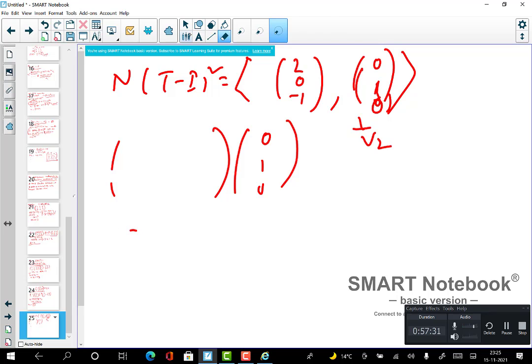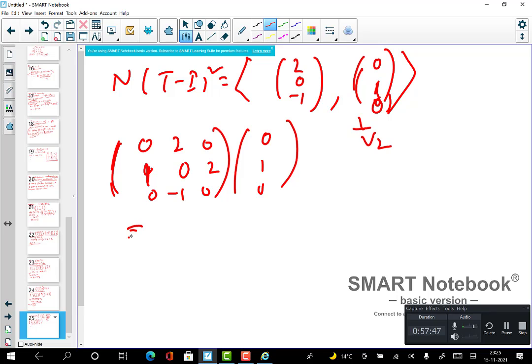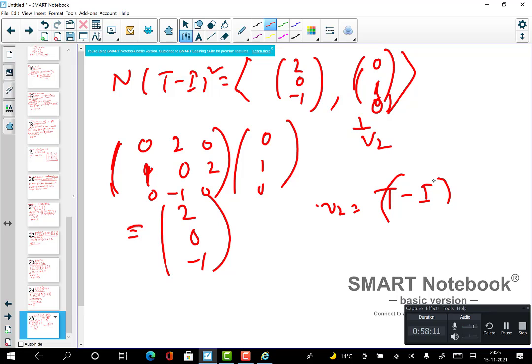So what is T minus I? T minus I is 0 2 0, 1 0 2, 0 minus 1 0, right? So now if we apply this, you see it will be 0 2 0, then 0 0 0, and then 0 minus 1. Yeah, exactly. So v1 is nothing but (T minus I) of v2, right?